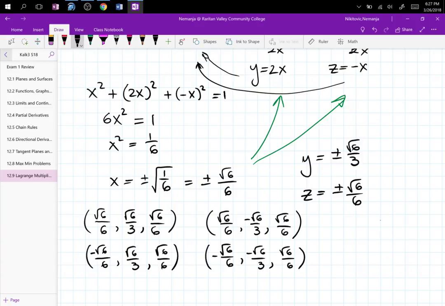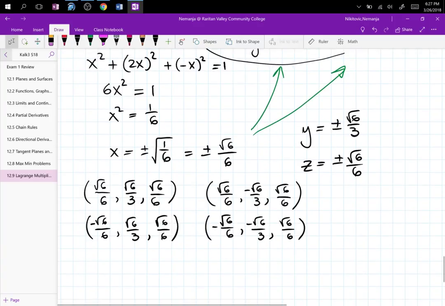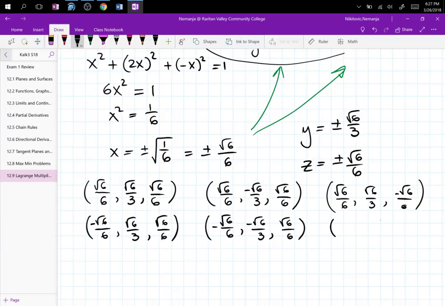And then the last one is, not the last one, I mean, now we change the sign of root 6. So you have root 6 over 6, negative root 6 over 3, sorry, positive, and the negative over here, root 6 over 6, and then negative root 6 over 6, root 6 over 3, and negative root 6 over 6.